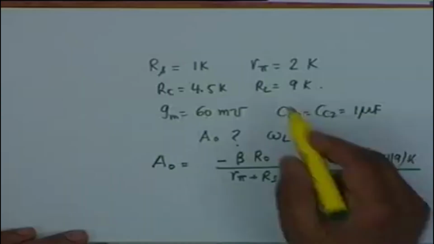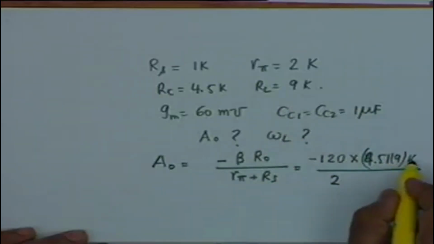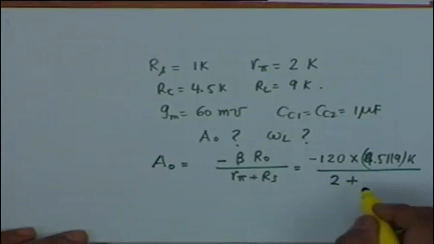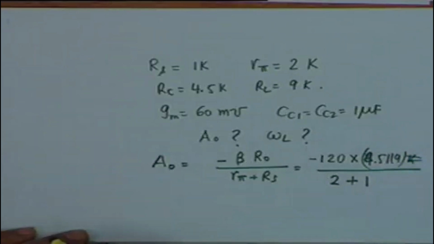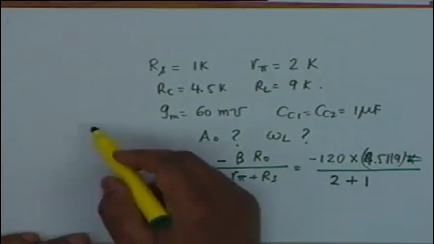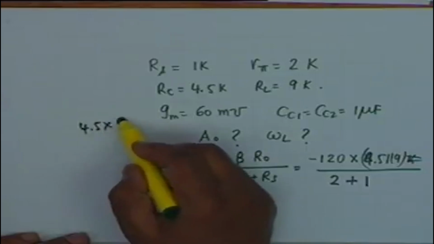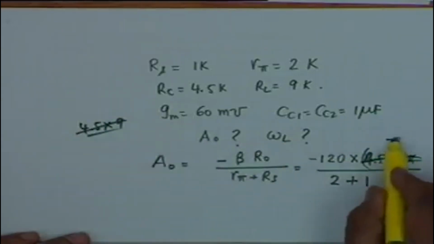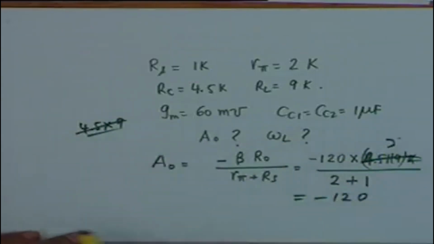K and millimho, they cancel each other. 120. R0 is 4.5K parallel 9K, divided by R pi, given 2, plus Rs, which is 1. I have kept it in K because it will cancel, so I can forget about K. What is the parallel of 4.5 and 9? It's 3. So 3 by 3, this is simply minus 120.